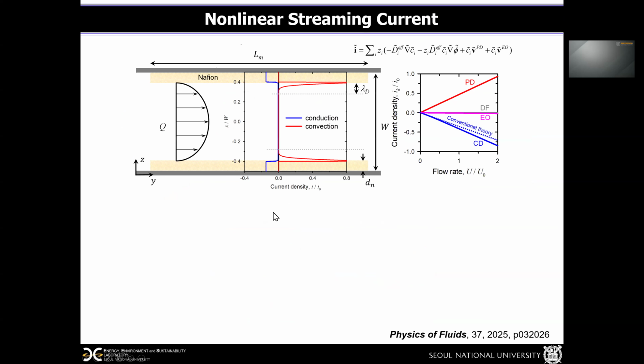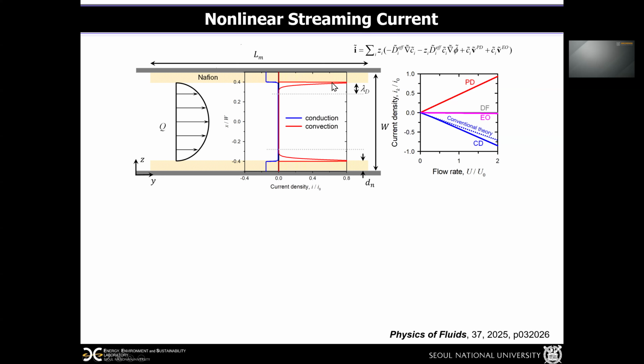To analyze this, we set up this numerical domain and separate the streaming current into a diffusional contribution and a conduction contribution due to the induced electric field inside this porous medium, because when we have a very small nanopore, the convection inside this nanoporous medium is also non-negligible.